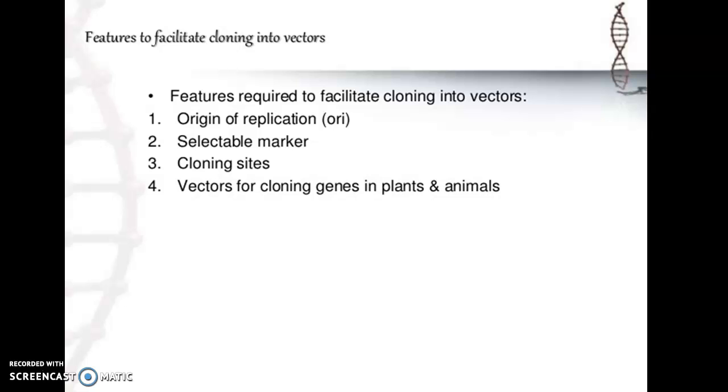These different types of artificial vector DNAs are constructed to carry the desired gene into the organism. These vectors must have the following properties: origin of replication or ORI site, selectable marker site, cloning site, and vectors for cloning genes in plants and animals. We have to discuss these here.